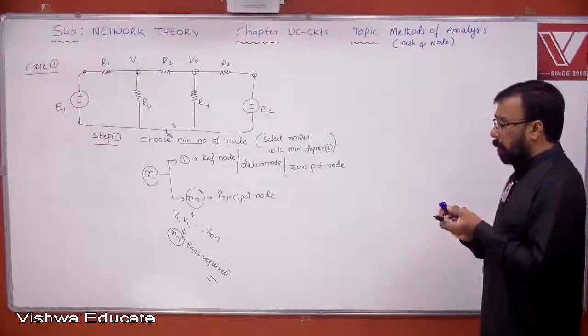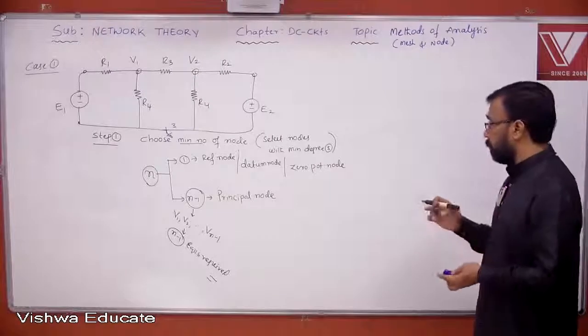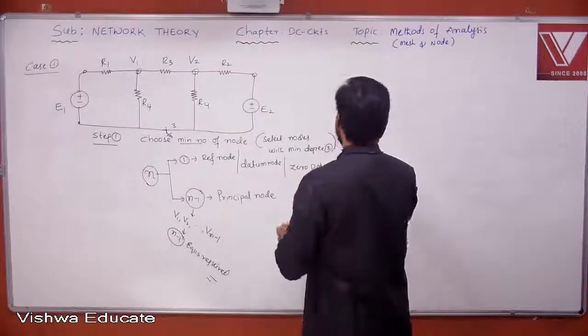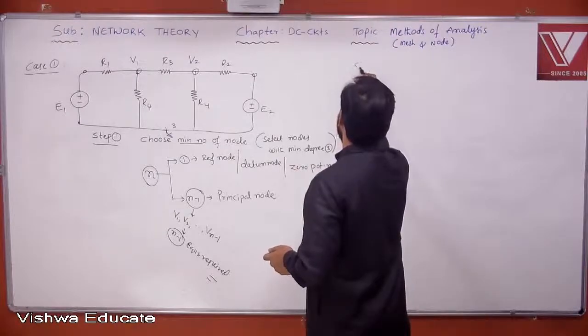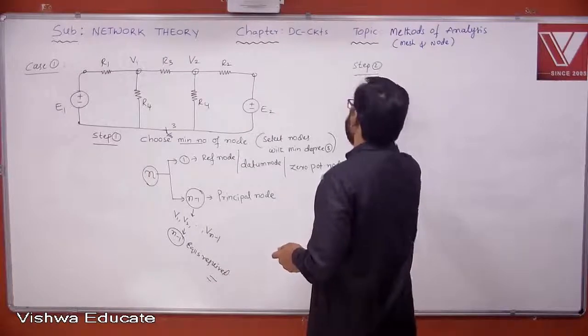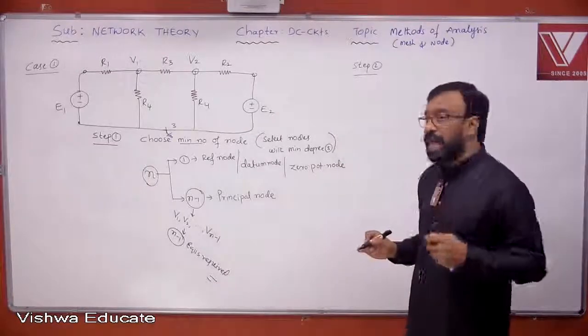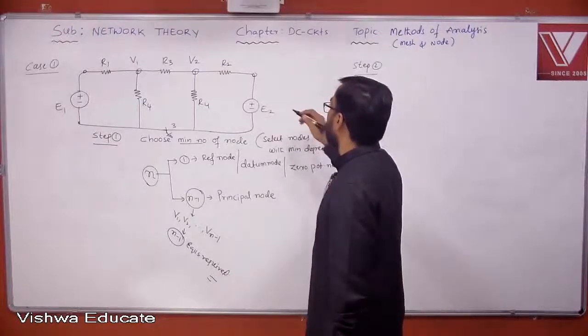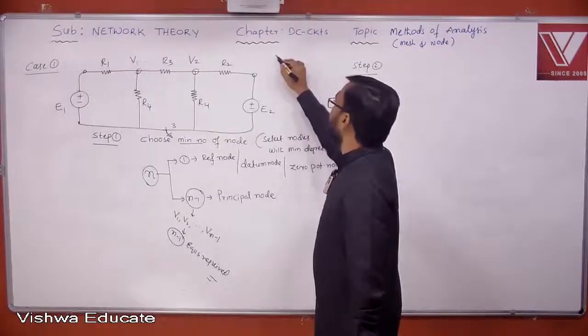Now, second step. Step 2. For this, please look at this. I'll give time, don't worry. First look at this. We need to understand the details of this node analysis clearly, okay?